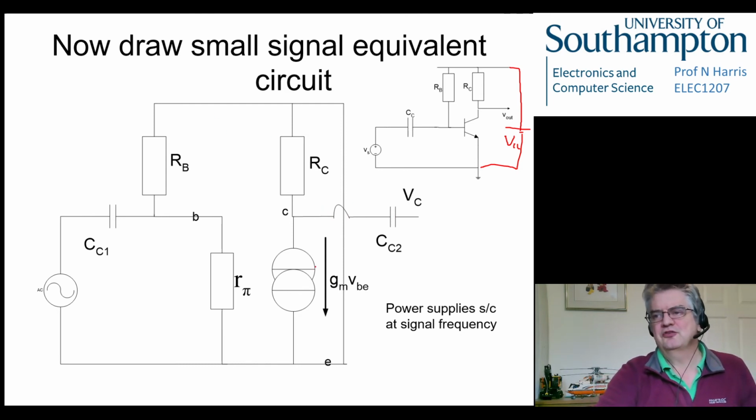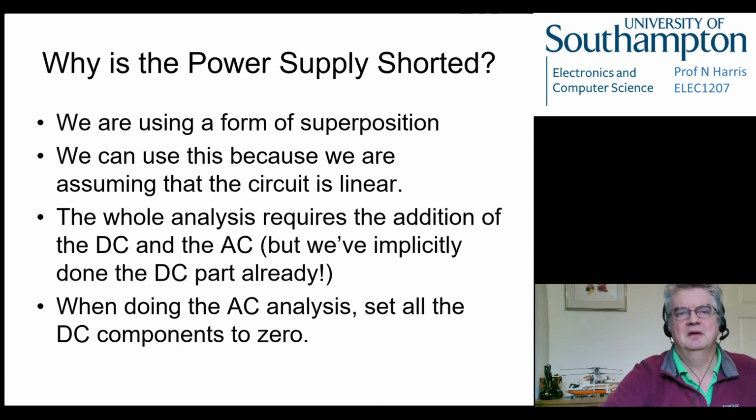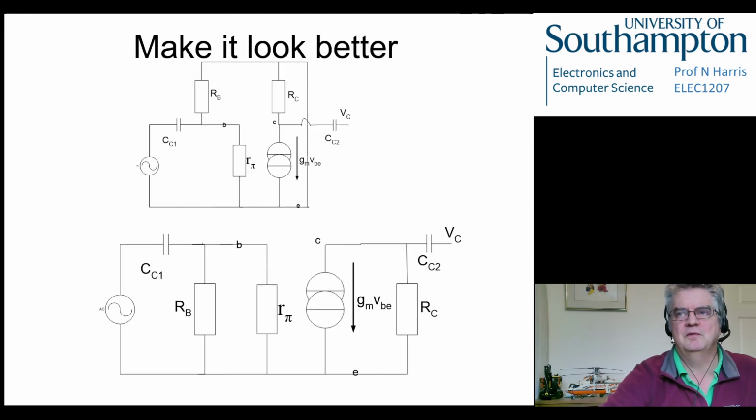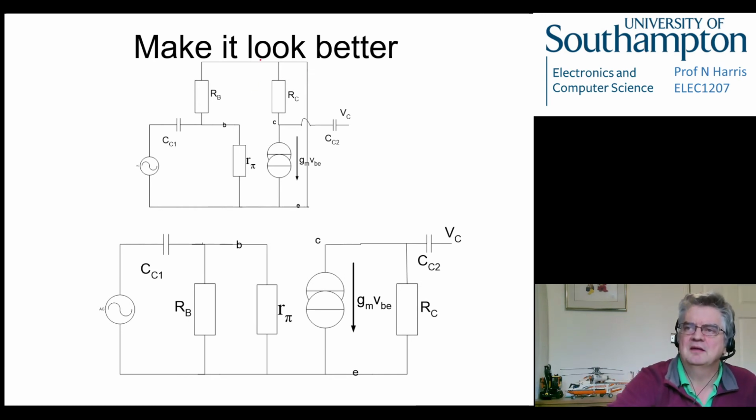So we've got that, and that's starting to look a bit messy. So what we should do is probably redraw that. I've explained why we've shorted this. So we redraw the circuit. This is what we had originally with our short-circuited power supply here. If we redraw that, you can see that this point and this point are the same voltage, so we can just fold these resistors over on themselves.